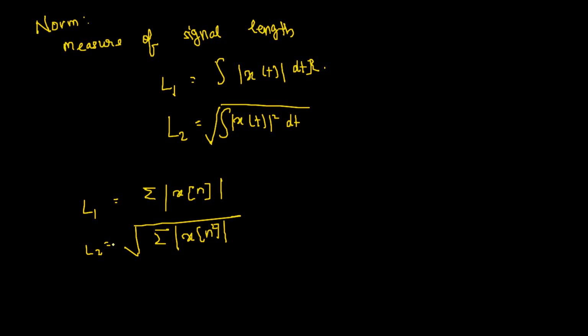That will be L2, and so on. The only additional thing you have for norms is called L infinity, given by mod of x(t) infinity. This just denotes the maximum value in that particular signal. So this is called the peak absolute value.